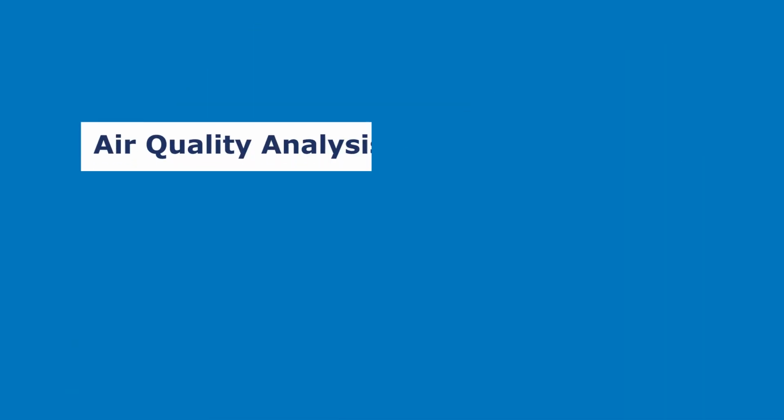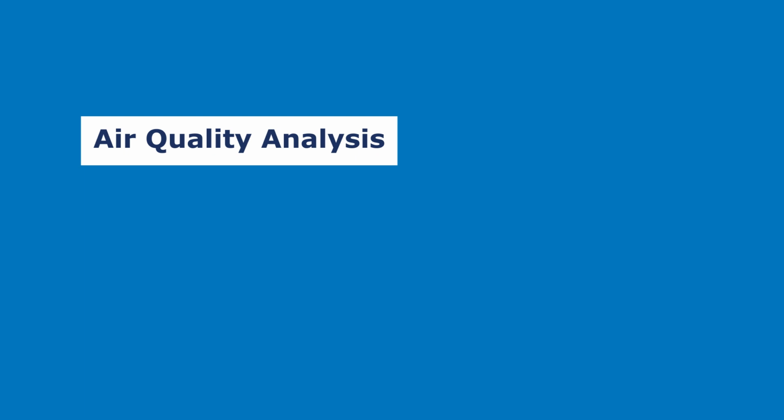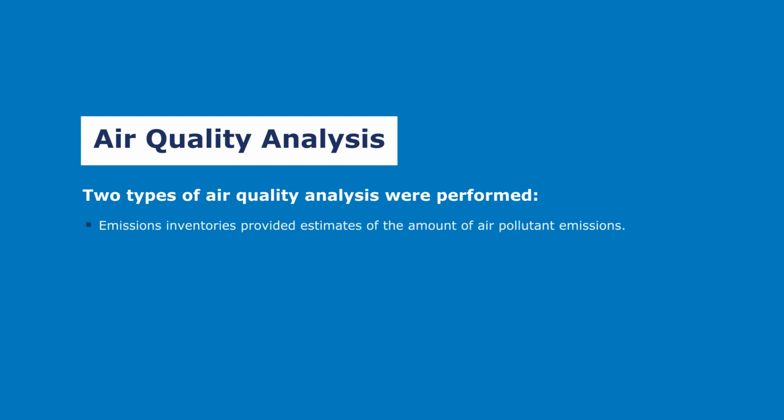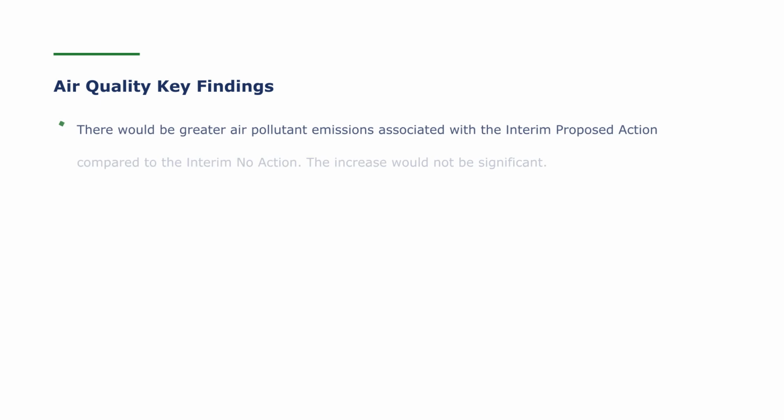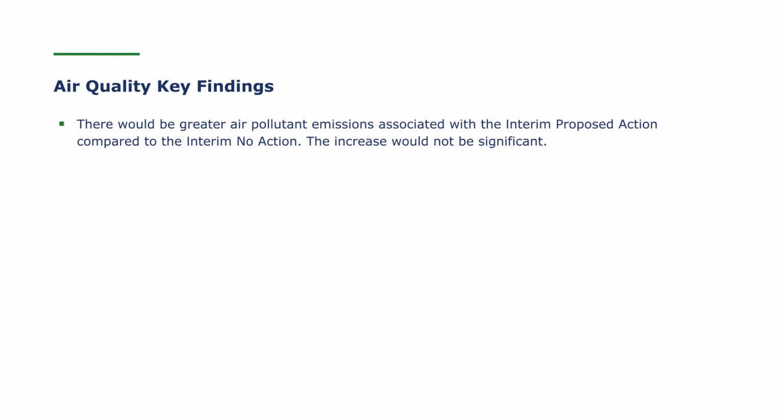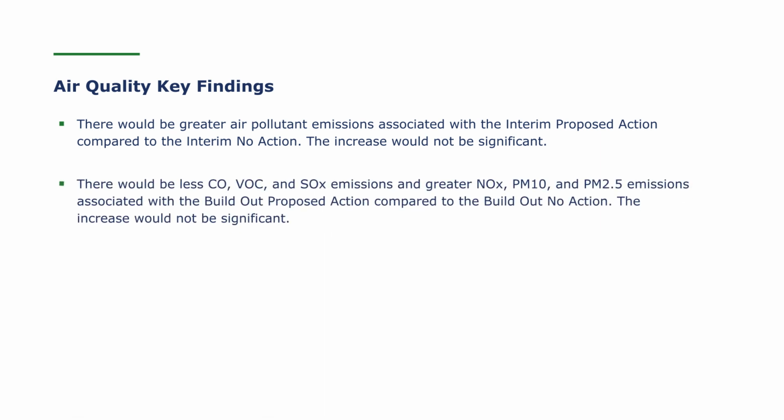Air quality is the first environmental resource category to discuss. The team conducted two types of air quality analysis. Emissions inventories provided estimates of the amount of air pollutant emissions, and dispersion modeling provided estimates of air pollutant concentrations. The analysis found that there would be an increased amount of some criteria pollutants, although the increase would not be significant, and result in less of other criteria pollutants associated with the build-out proposed action alternative compared to the build-out no action alternative.